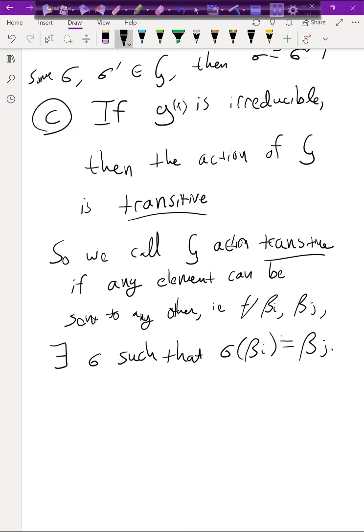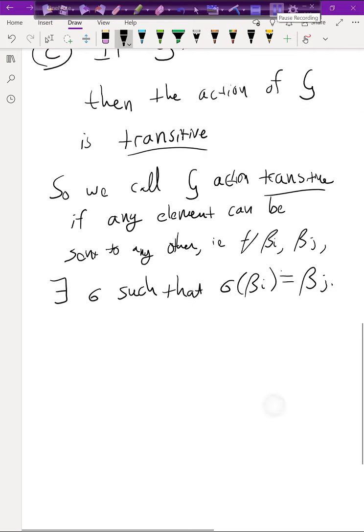Okay, so we need to prove that if g(x) is irreducible, even if K is not the splitting field, then the action of G is transitive on the roots. Now, here's the proof sketch.